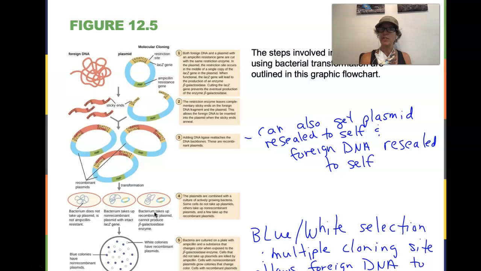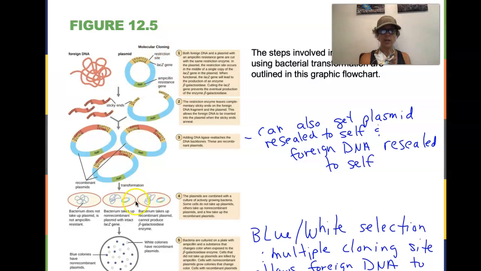But the other feature is that LAC-Z gene. The plasmid as it exists, if we don't get anything interrupting the LAC-Z gene, then that plasmid will have ampicillin resistance. The bacteria with that plasmid will grow.